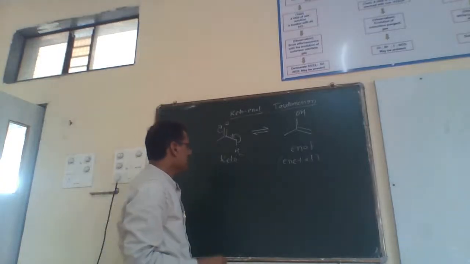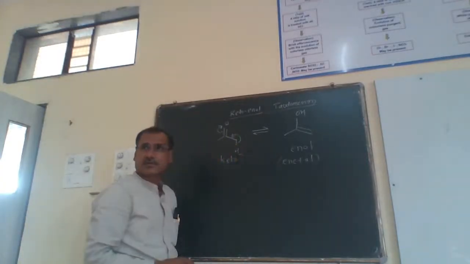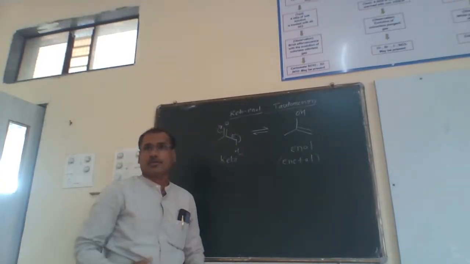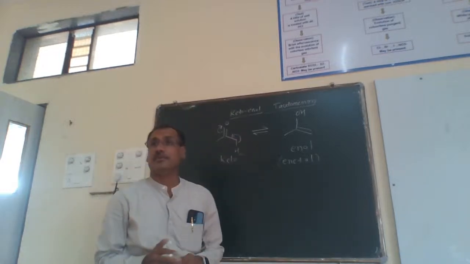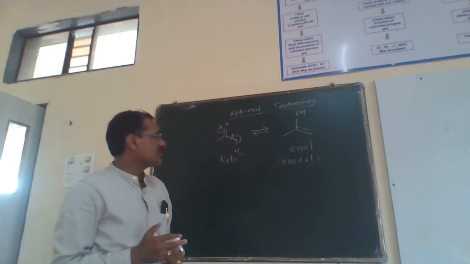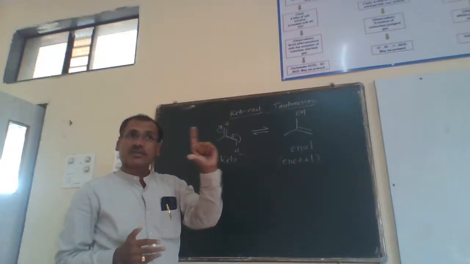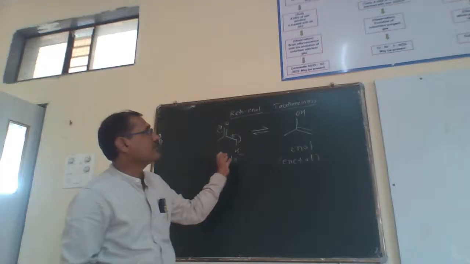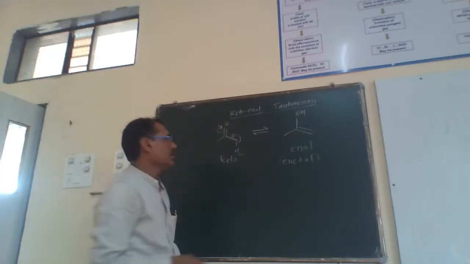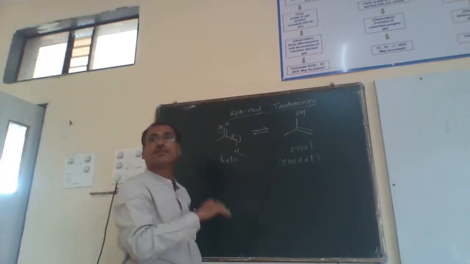Now, take the example of acetone. In the laboratory, you have a bottle of acetone. When I am writing this equilibrium, the question that should come to mind is whether the acetone in the bottle is in keto form or enol form.